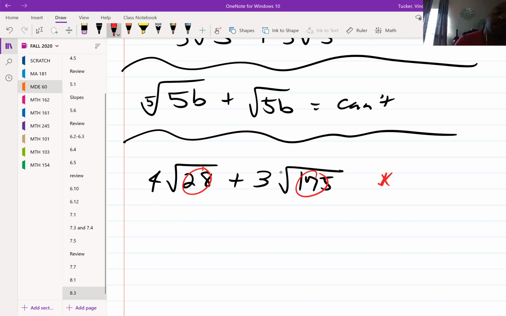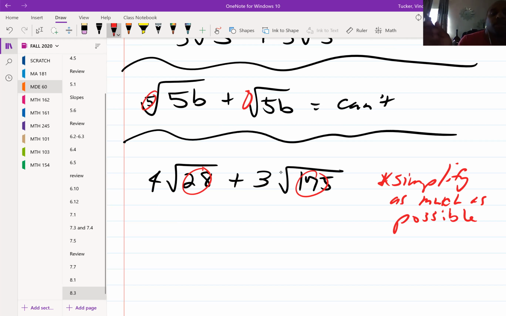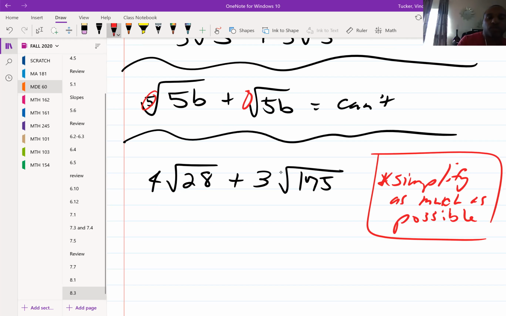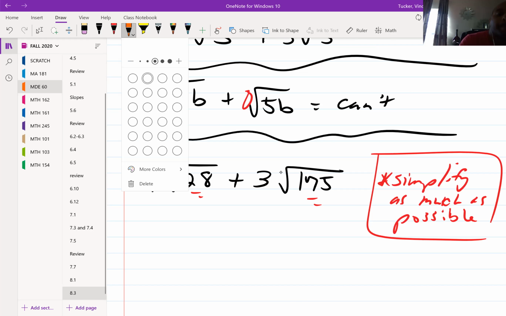So you want to simplify as much as possible. Now, if the index of the radicals are different, like we had here, then there's nothing you can do about that. Just go ahead and write that you cannot. But we want to break this up. So let's look at them individually.